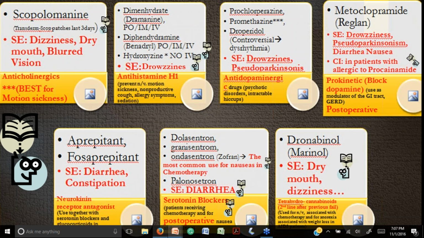Then we have the derivative of marijuana, Marinol, which is dronabinol. It is used only when the previous antiemetics are not working, so the choice after those is Marinol. It can also be used as an appetite stimulant.